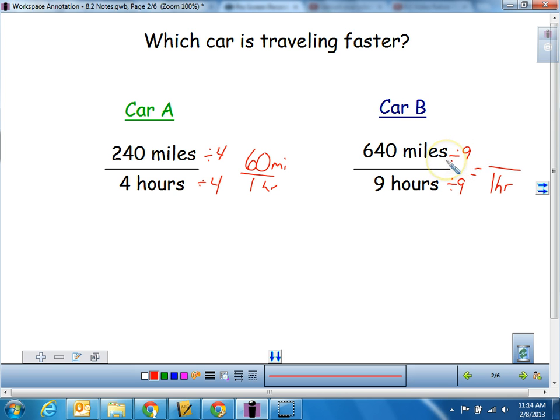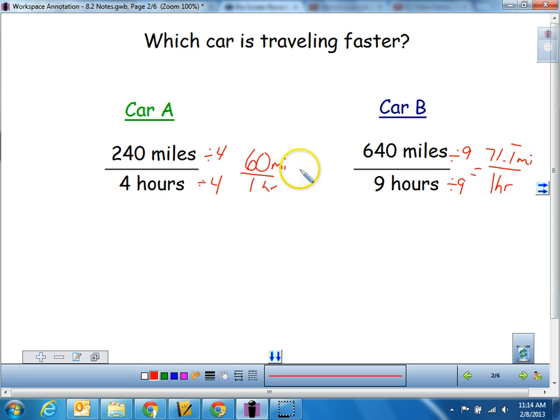Well, what do we get when we take 64 divided by 9, or 640 divided by 9? It's not perfect, but I cheated and used my calculator here to let you know that it's 71.1, repeating, miles.